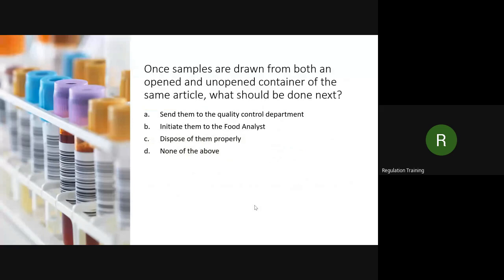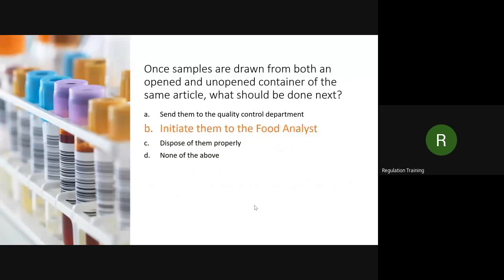So, if a sample has been taken from open and then unopened containers of the same article, then what do food safety officers need to do? Send them to the quality control department. No, intimate them. Okay, they have to inform the food analyst.